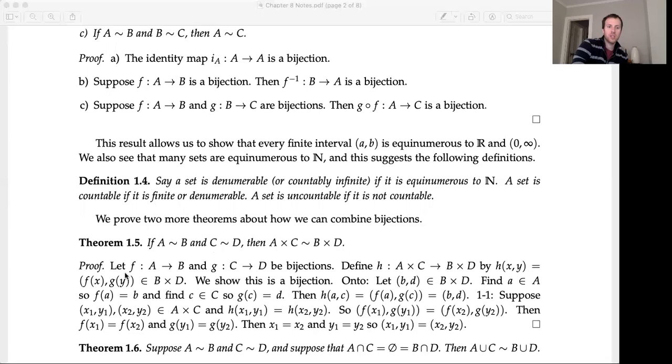Well, the assumptions say you have a function F that takes things in A and sends them to things in B. You have G, which sends things in C to things in D. So if you have a pair which comes from A and C, use the two bijections to send it to the corresponding elements of B and D. So what the bijection turns out to be is that you take a pair (x, y), x is in A, so apply F to it. y is in C, so apply G to it. And that gets you into B times D. And you can check that that turns out to be a bijection.